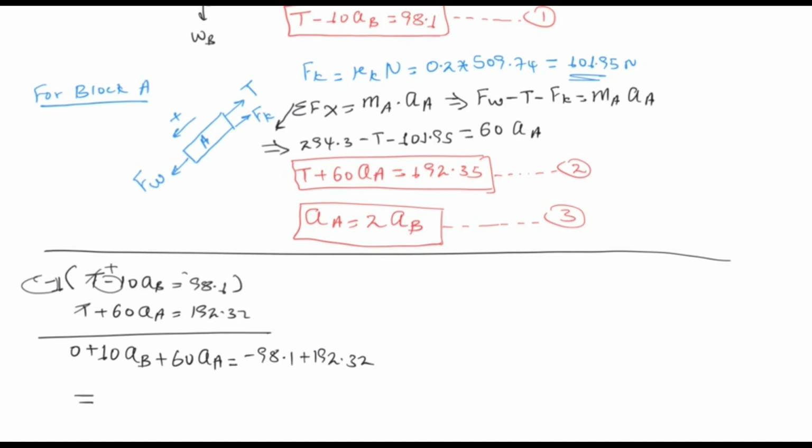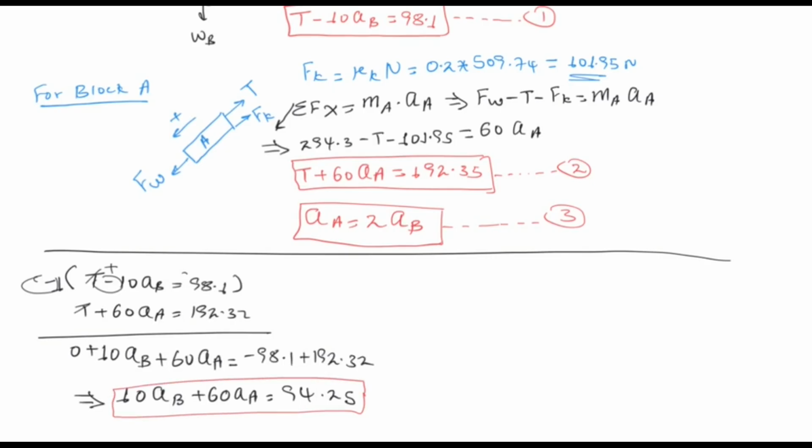If you simplify this further, then you will get 10 times acceleration of B plus 60 times acceleration of A is equal to 94.25. Now this is the additional equation.